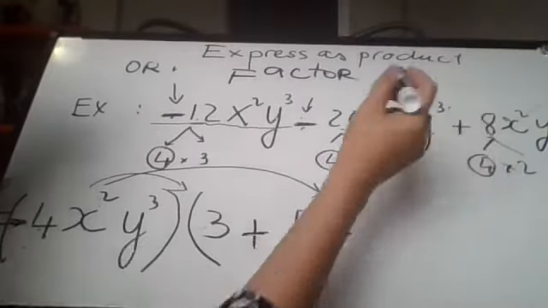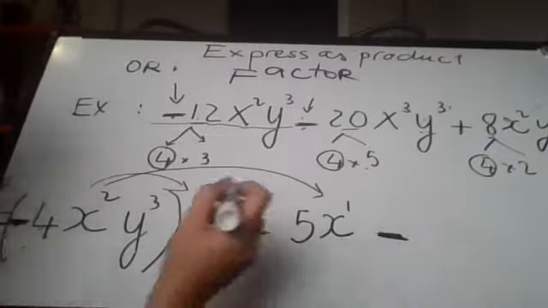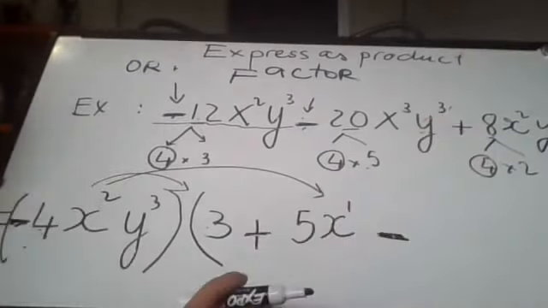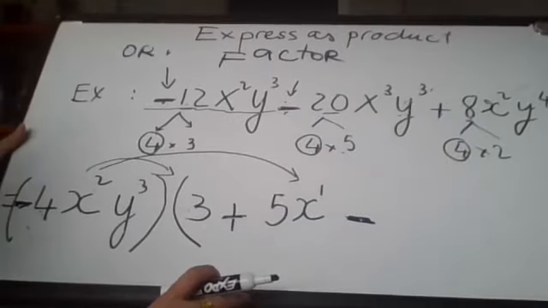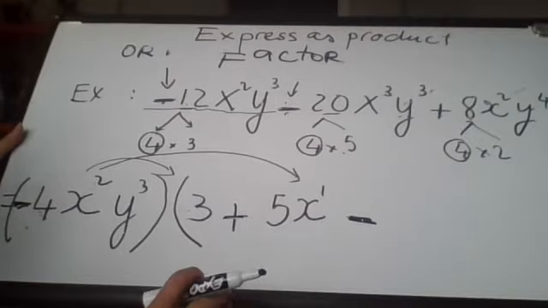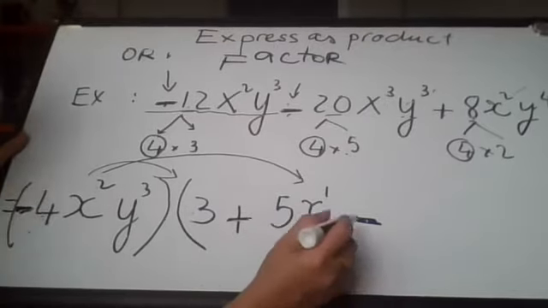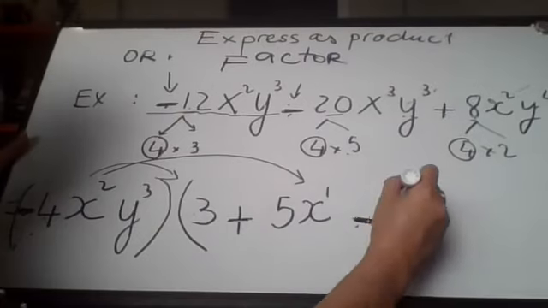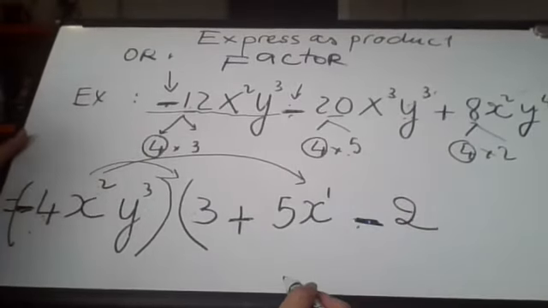Now, the next one is positive, and this is negative, so I need a negative because negative times negative will get back to positive. So this is a difficult question, but that is Math 10. It's in our BC curriculum. So negative times negative is positive. I'm going to put down the 2 because, of course, we have 4 times 2, so this has to be 2.